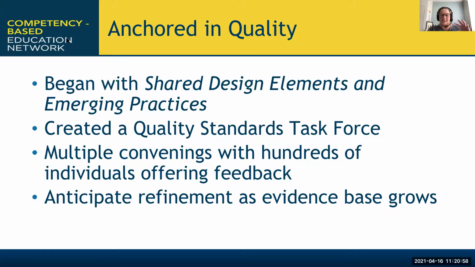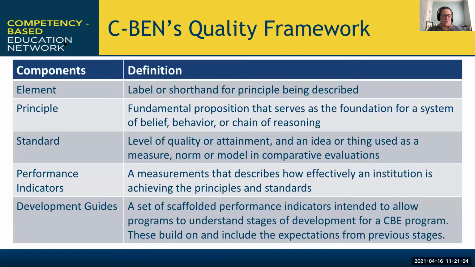Those shared design elements emerged into a quality framework, which you have in your materials or online. There are 8 elements of quality. Each element of quality has an overarching principle. Underneath the principle, it breaks down into standards of performance.